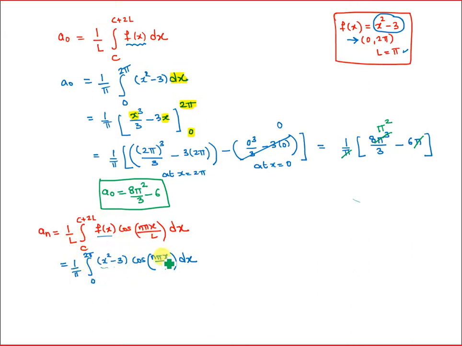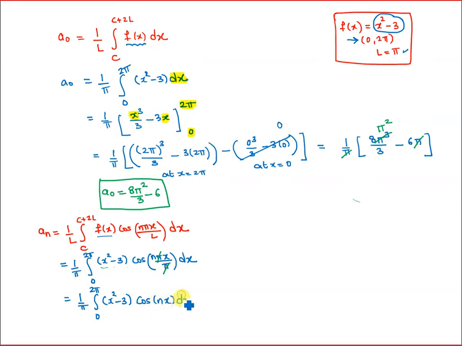So we can cancel this pi with pi. This is equal to 1 over pi, integral 0 to 2 pi, x square minus 3 cosine of nx dx.